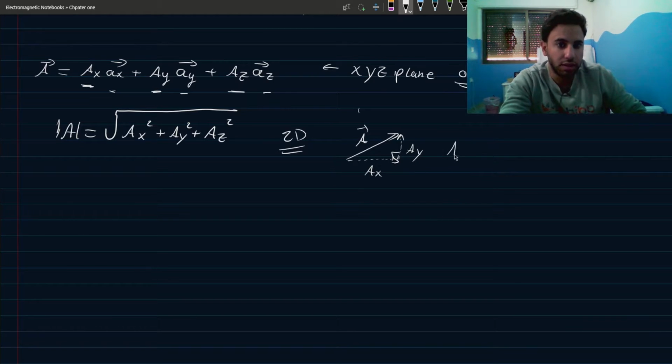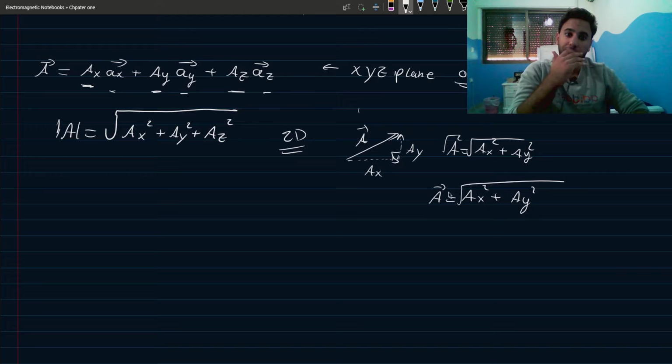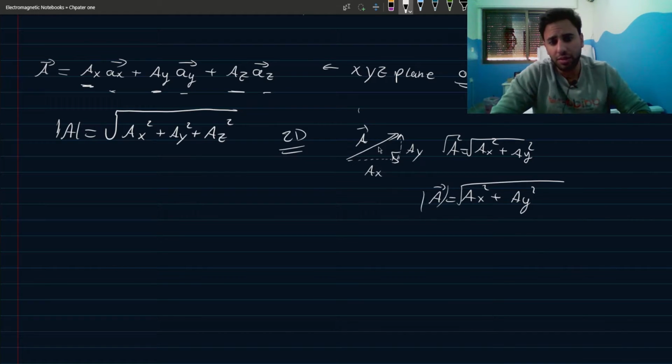Well, according to the Pythagorean Theorem, A squared is equal to AX squared plus AY squared. Take the square root, and thus you have A is equal to the square root of AX squared plus AY squared. And that is the magnitude. That's how long this vector is.